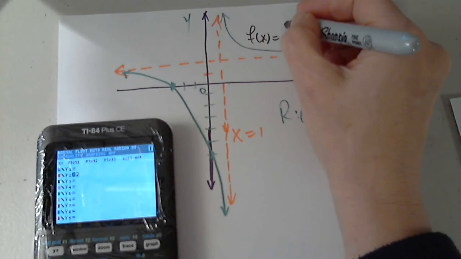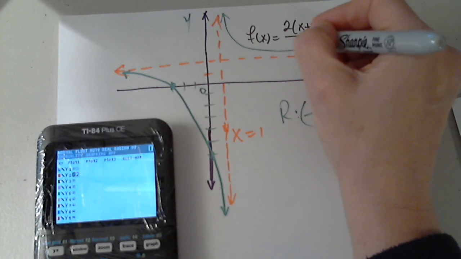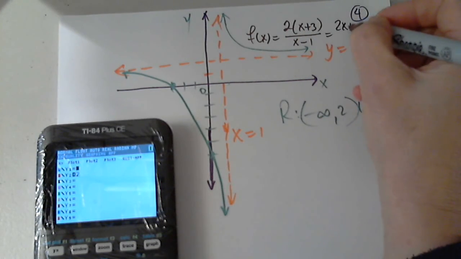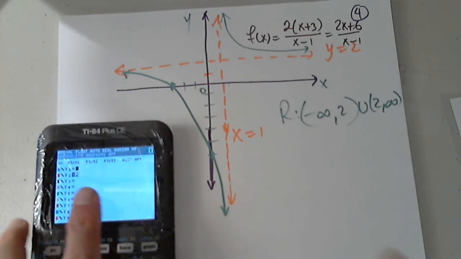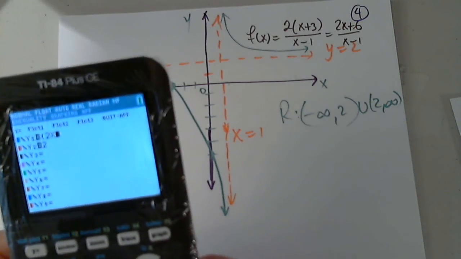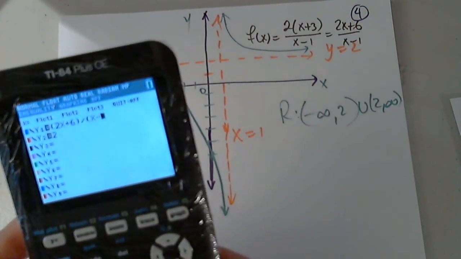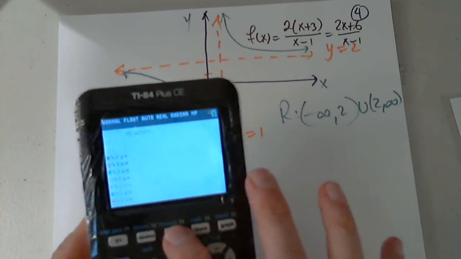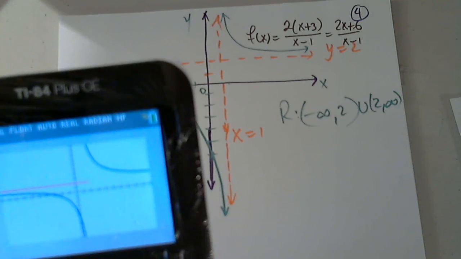So it was 2x plus 3 divided by x minus 1, or 2x plus 6 over x minus 1. You must put parentheses around the numerator. Parentheses 2x plus 6 divide by parentheses again x minus 1. I will use the standard viewing window for now. If I want to change, I can change.